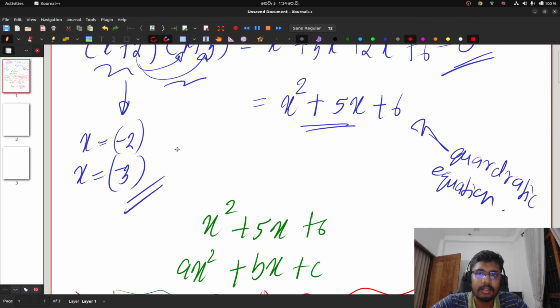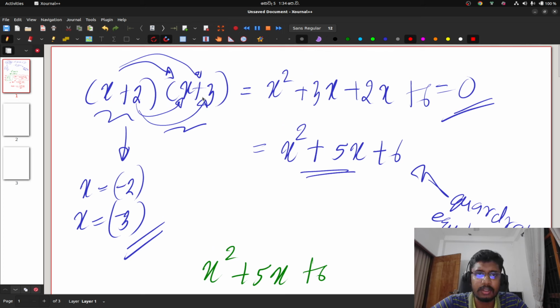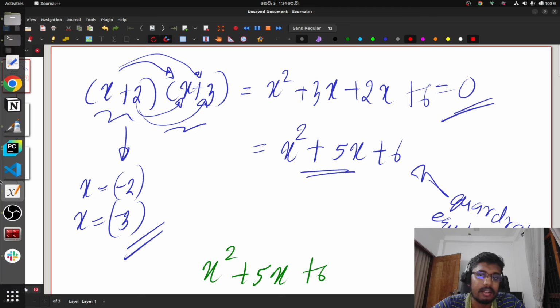Now let's take this out for a spin. I will pick the example that I took earlier, x plus 2, x plus 3. So a is 1, b is 3, and c is 2. Sorry, a is 1, b is 5, and c is 6. So 1, 5, 6. So let's see.